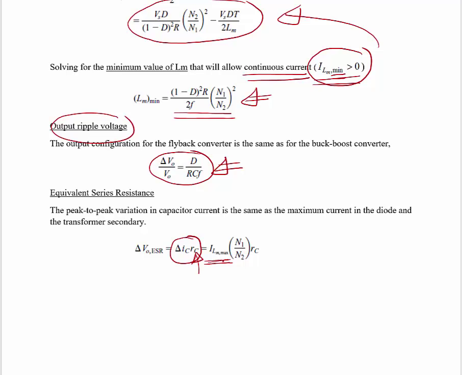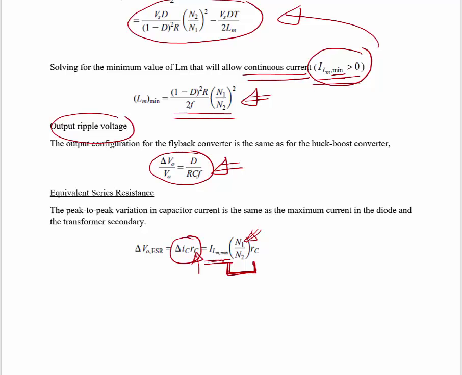In the flyback it is the same, but then we have to take care of the transformer turns ratio. So it's still the maximum: the change in IC is still the maximum inductor current flowing through, this time, the magnetizing inductance multiplied by the turns ratio. We have to make sure we take the transformer into account.